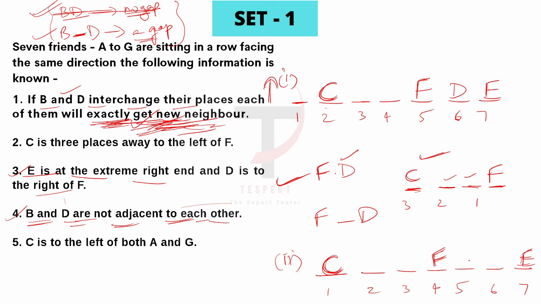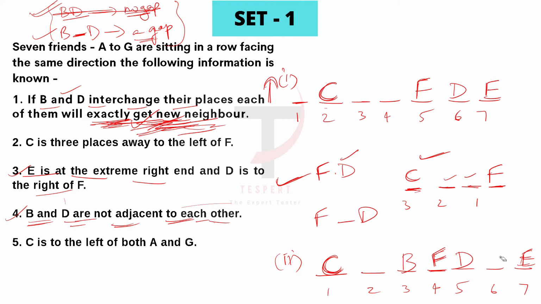So we have to place D here and we have to place B here, because if I increase the space between B and D by one more, then there will be more than two neighbors. Alright, so in this case, even if I interchange the positions of B and D, B will go to the fifth position and D will come to the third position, and 2 will be the new neighbor of D and 6 will be the new neighbor of B. So they will be getting exactly one new neighbor.